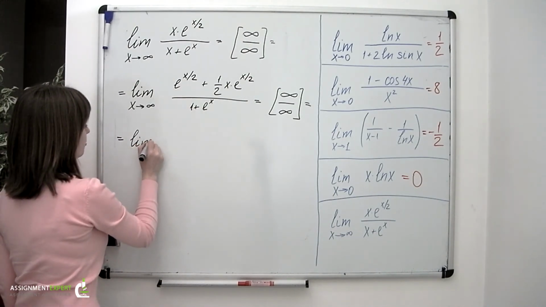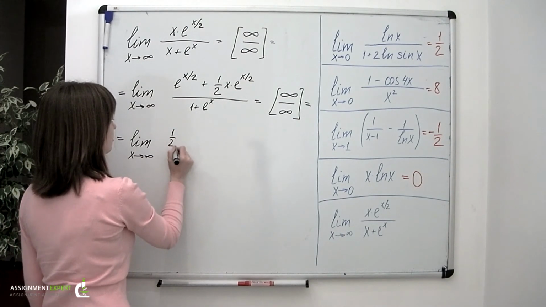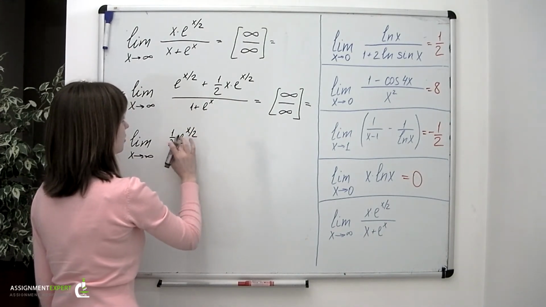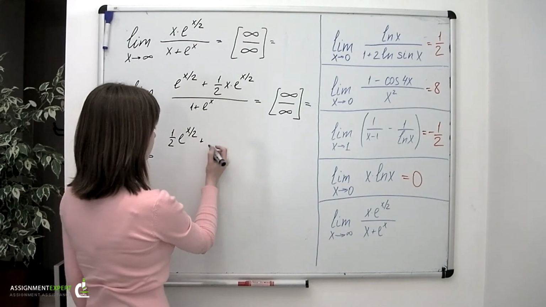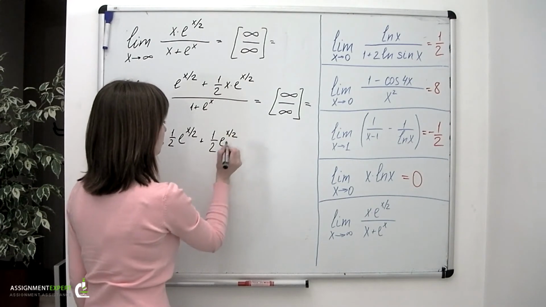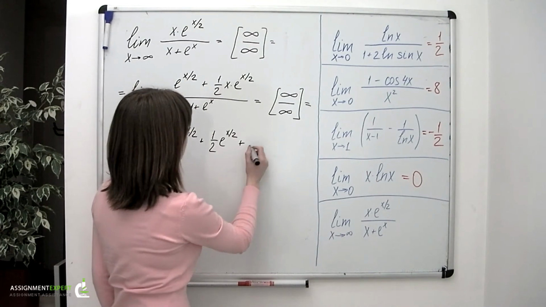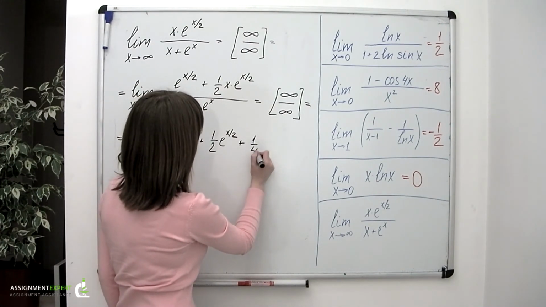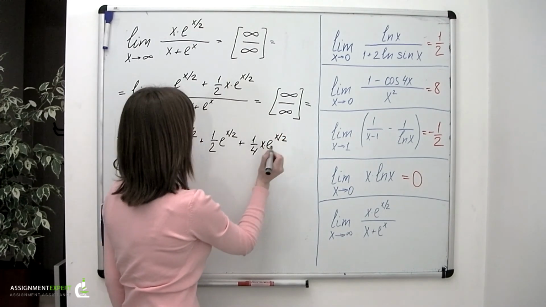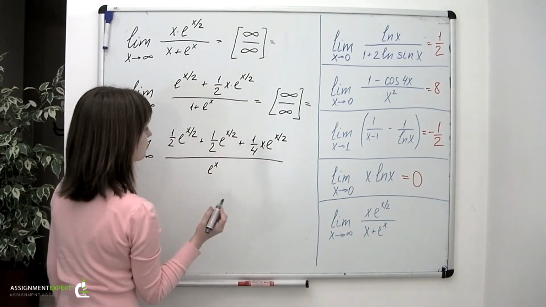And we'll have the limit as x approaches infinity of 1/2 times e to the x over 2 plus 1/2 e to the x over 2 plus 1/4 times x times e to the x over 2, and we'll have e to the x in the bottom.